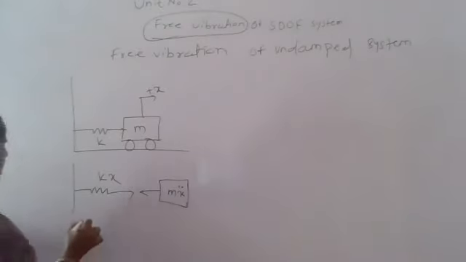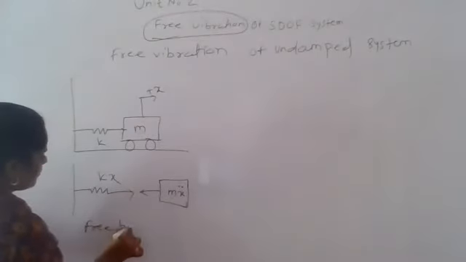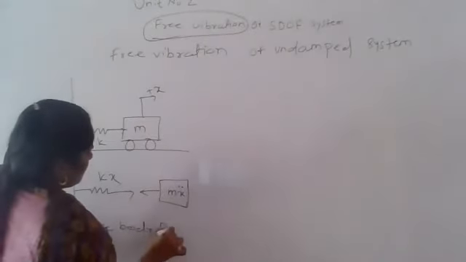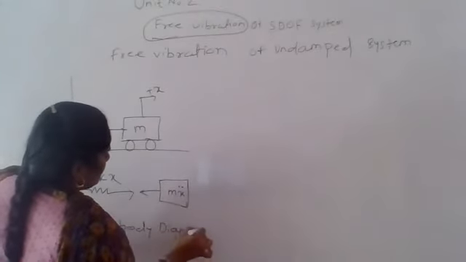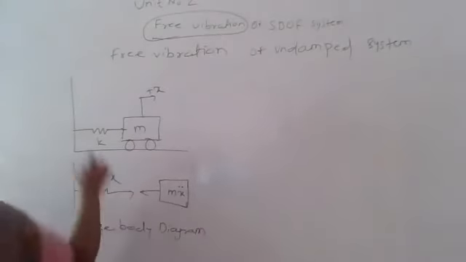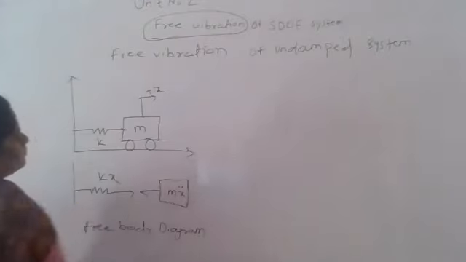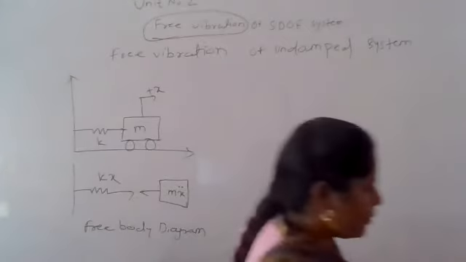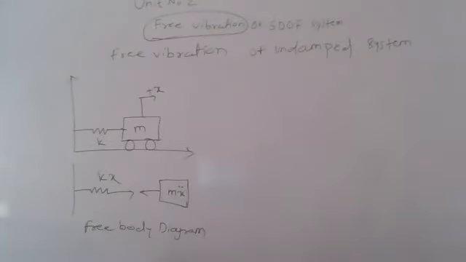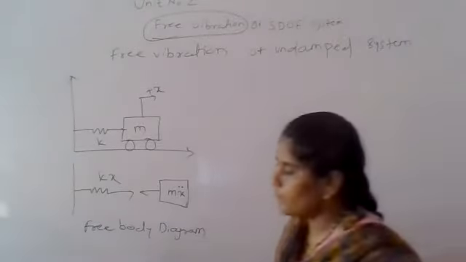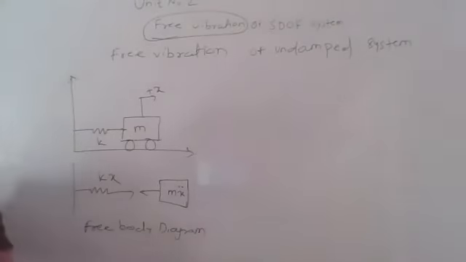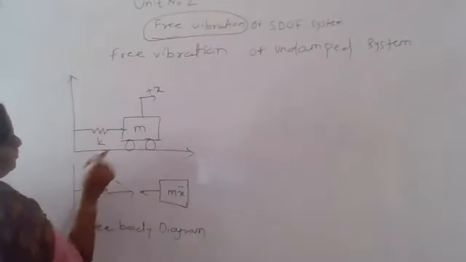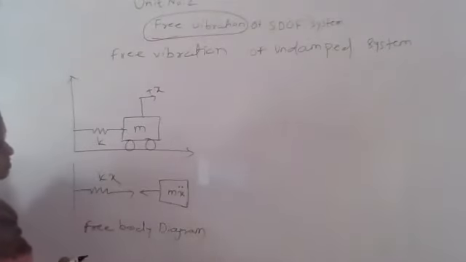This is a free body diagram of this. You write down the name as a free vibration of undamped system. Below this, you draw this diagram where K, M, and X. M is the mass of the system. K is the spring constant K.